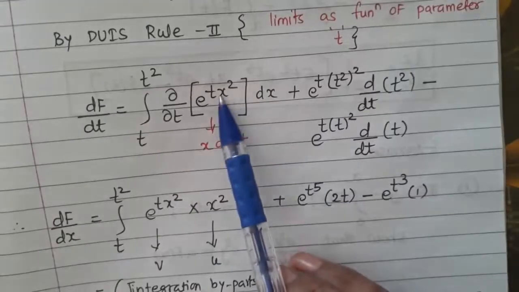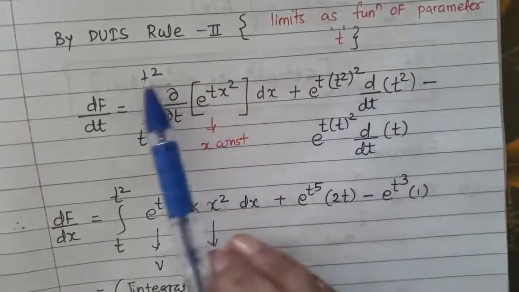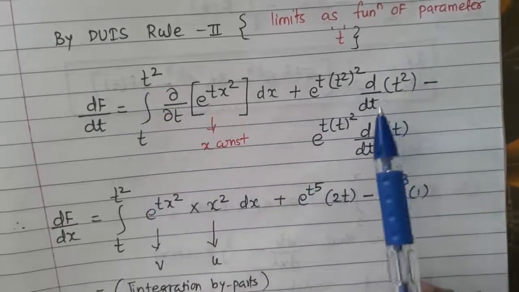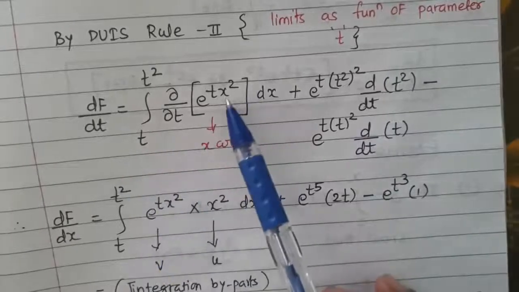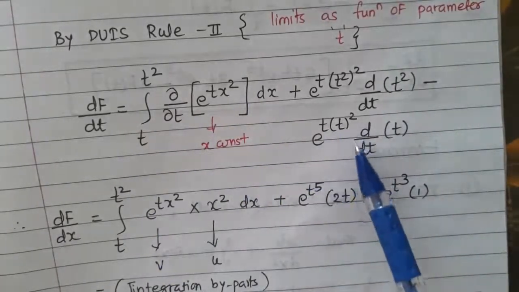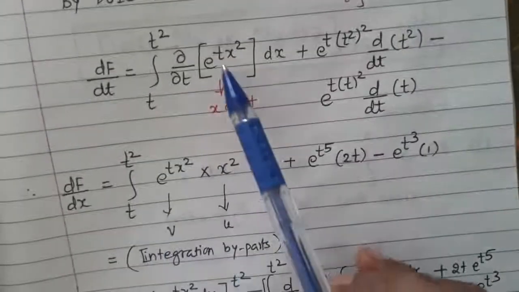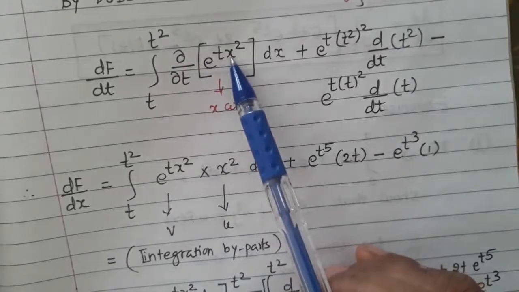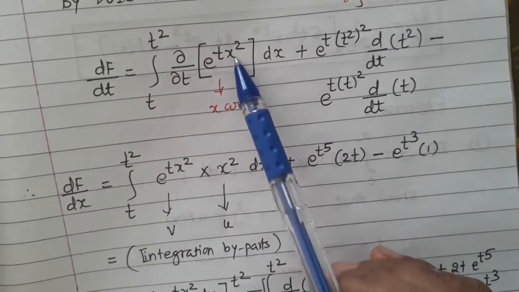So replace this x by t square, so e raised to t into (t square) squared, and derivative of the upper limit with respect to t, minus value of this function at the lower limit, replace this x by t, so becomes e raised to t into t square, d by dt of the lower limit.